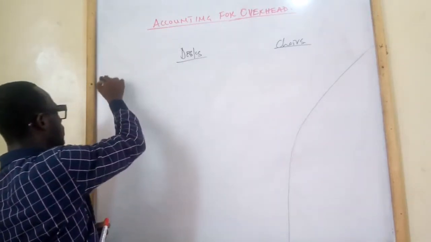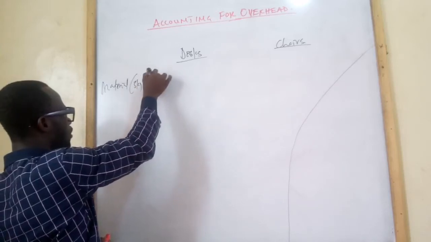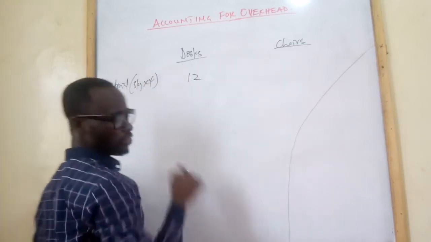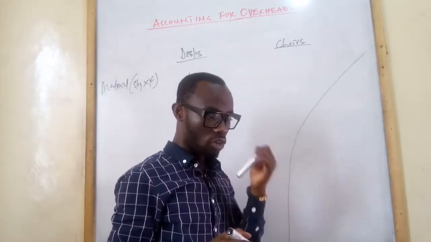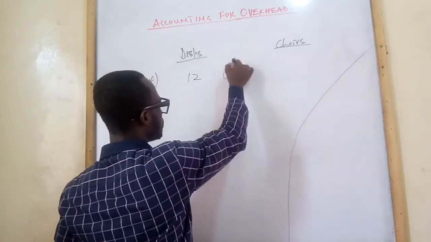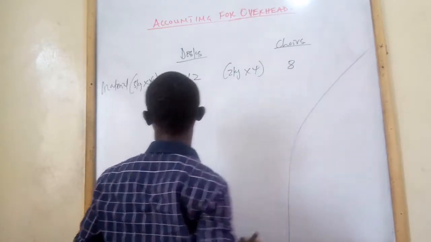So that is going to be material. So material will be 3 kilograms by 4 and that's going to be 12. For the chair, we are told 2 kilogram costing $4 per kilogram. So that's 2 kg by $4, and that is going to be 8.